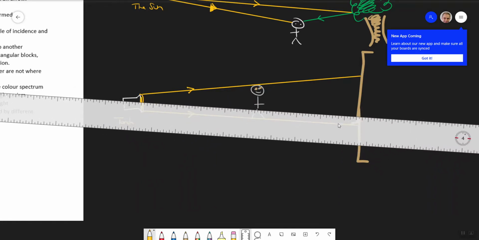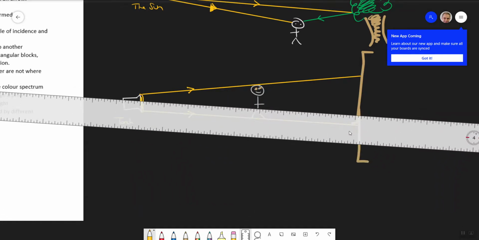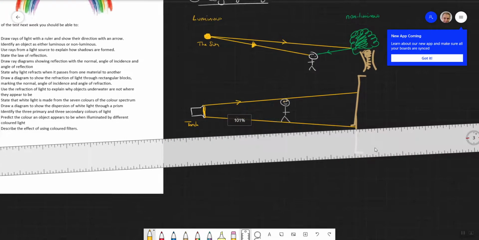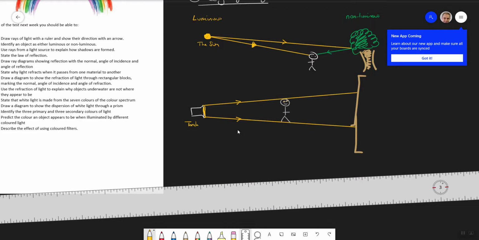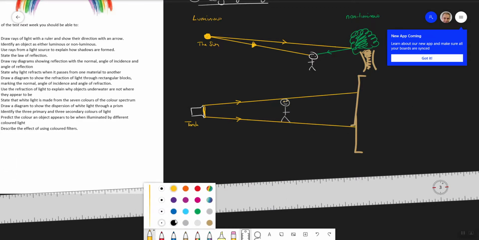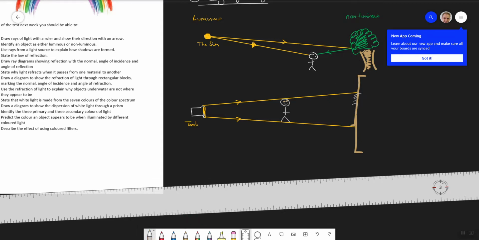Nowhere inside this top bit to this bottom bit is there a line I can draw that can hit the wall. So this is the part of the wall that's going to be in shadow. So the shadow is going to appear here.